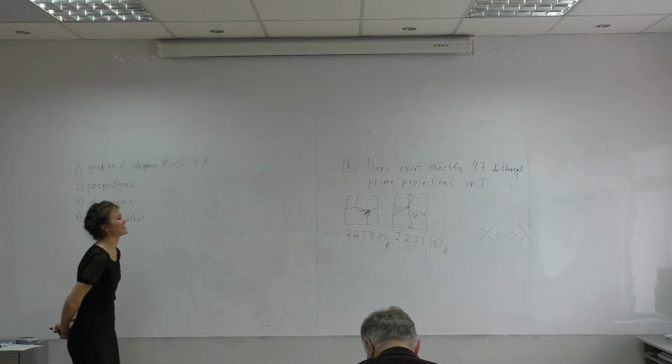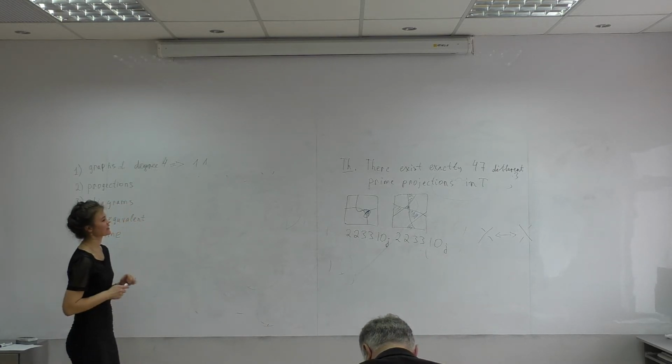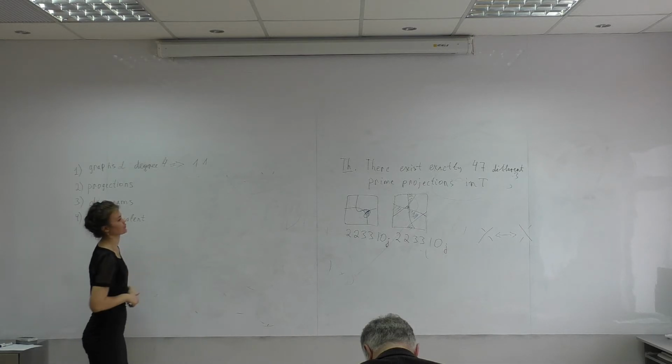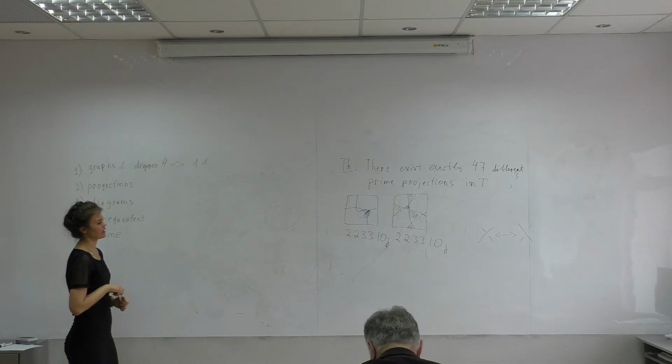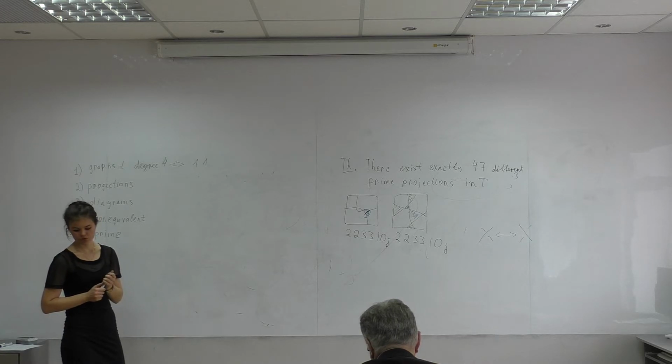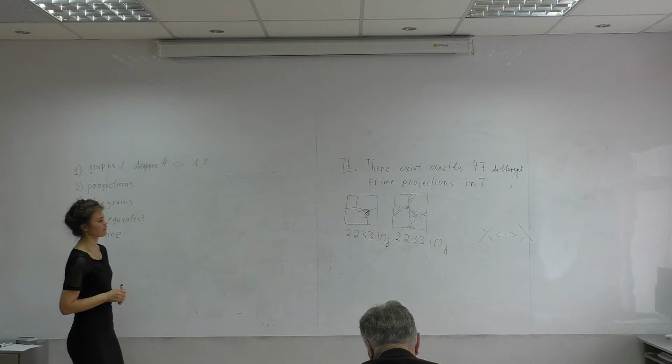Now we have a list of diagrams, of knots and links. And we should show that all of them are different. We do it by using the following invariant.